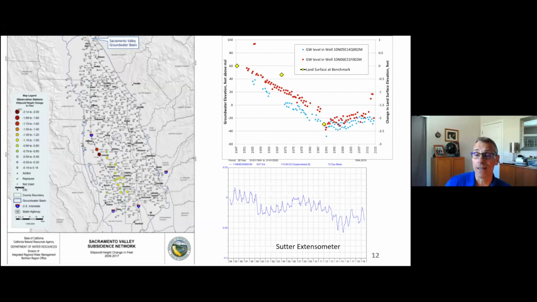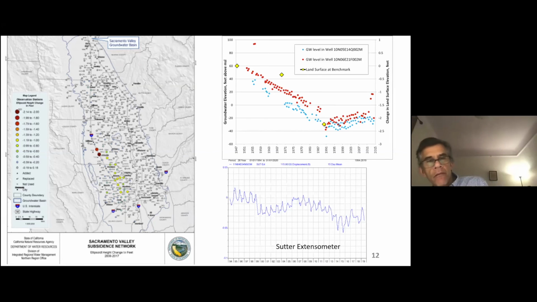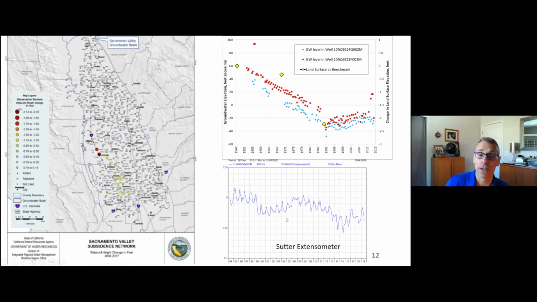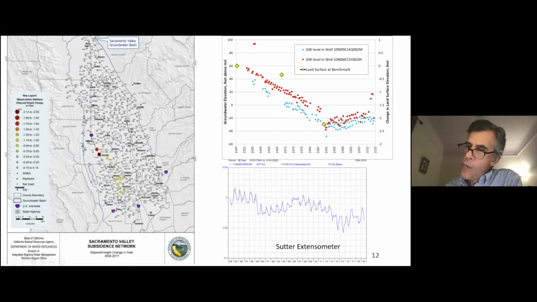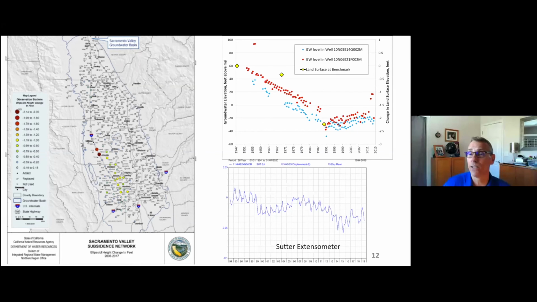We also have a dedicated well in Sutter County called an extensometer that measures subsidence directly. It's hard to see the scale here, but we're talking about hundredths of a foot of subsidence that has occurred, very little. And finally, DWR created a valley-wide network that they measured in 2008 and again in 2017.